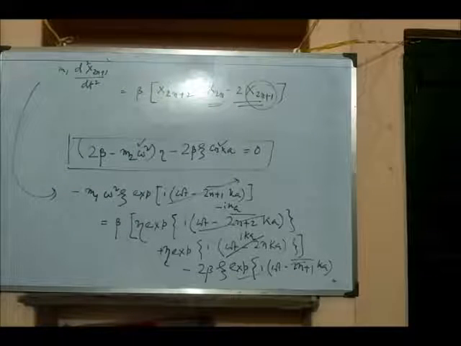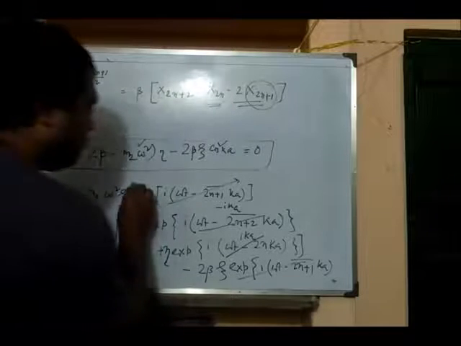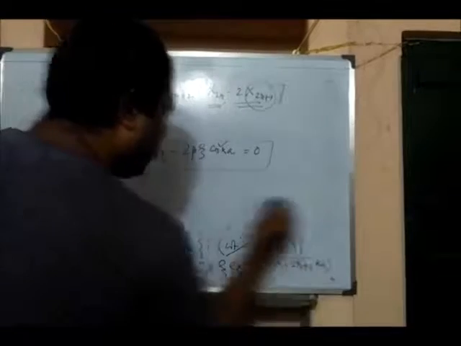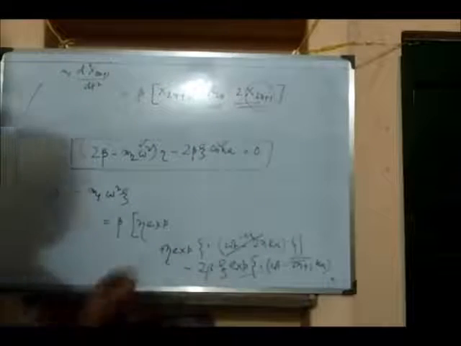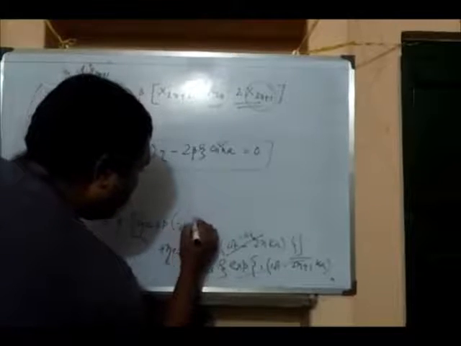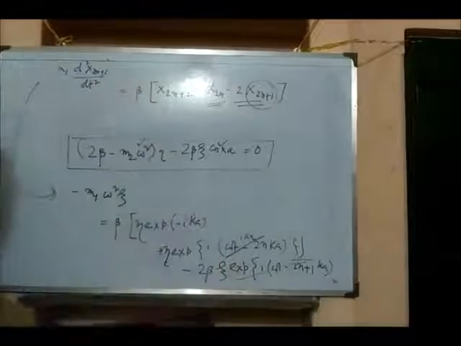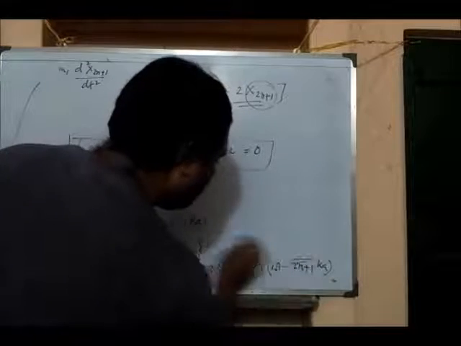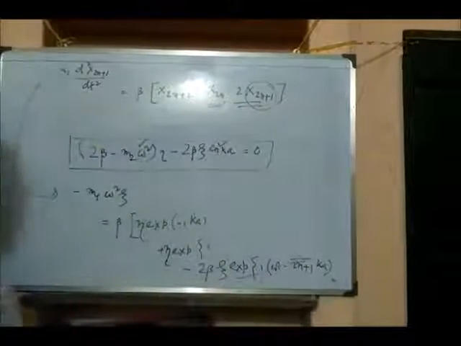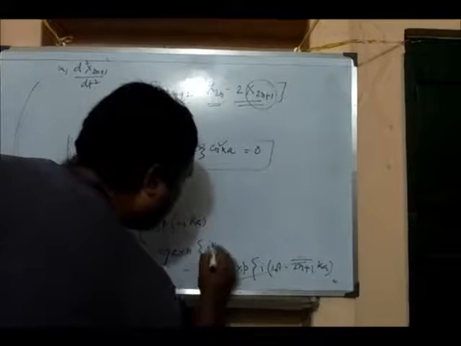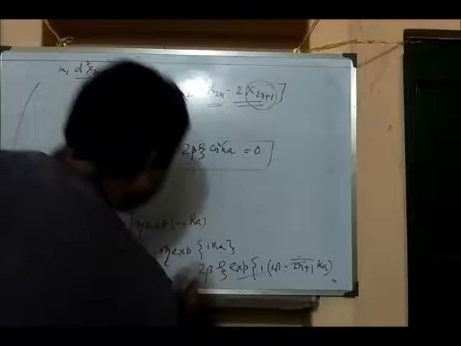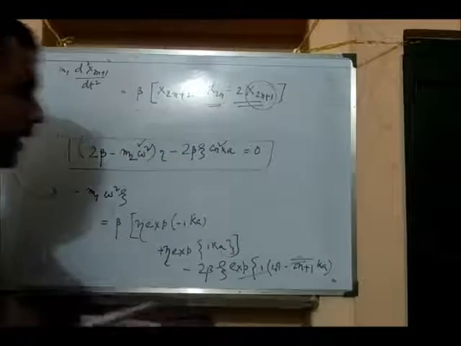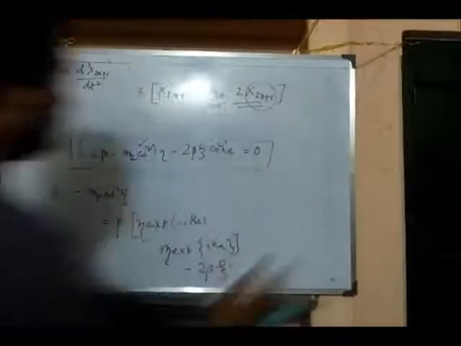So from this equation, if you wipe out this term and divide it to the right hand side, you will get eta exponential minus ik, and in this case we will get eta exponential plus ik, right, within the bracket.